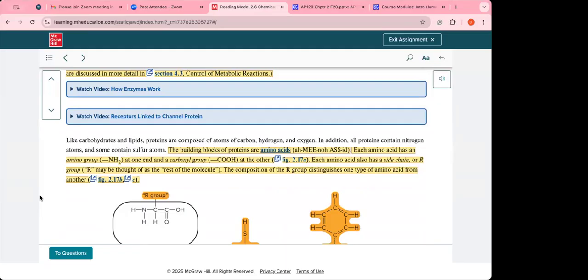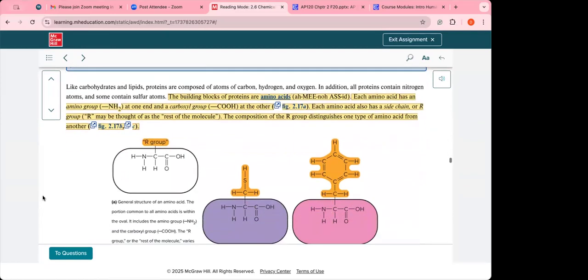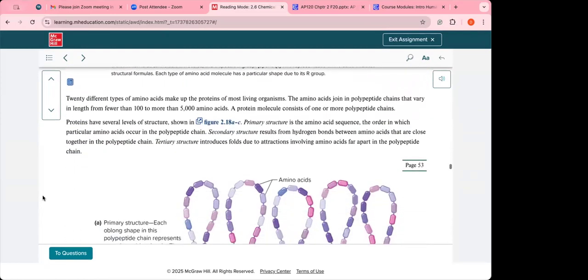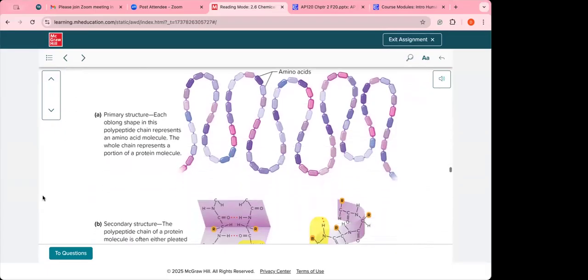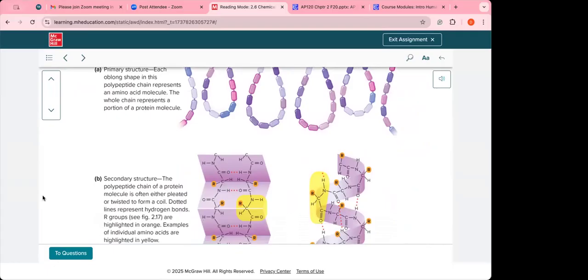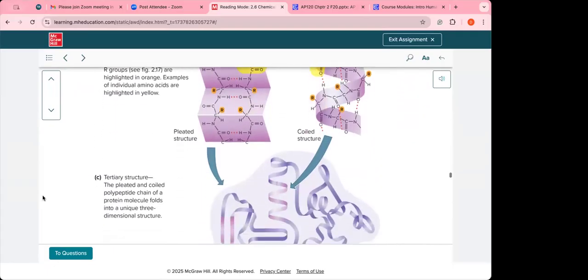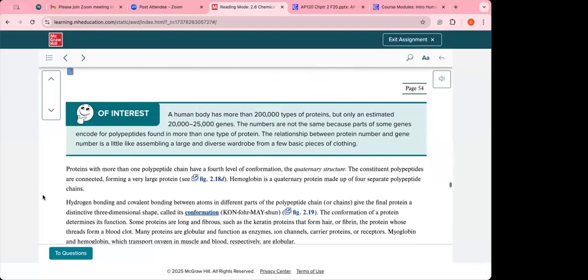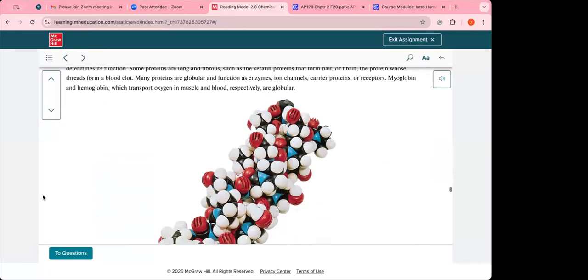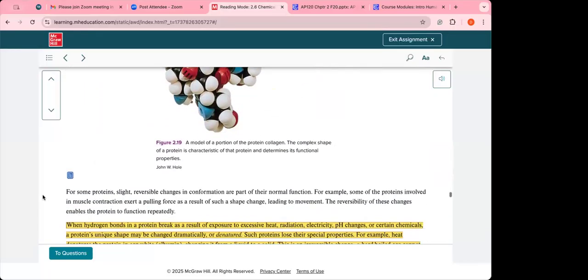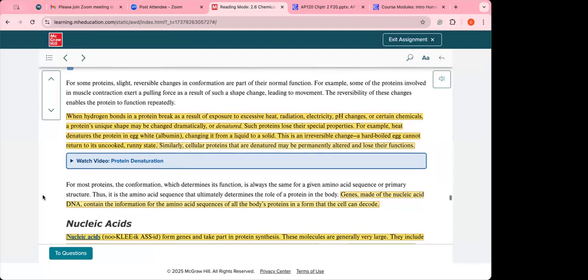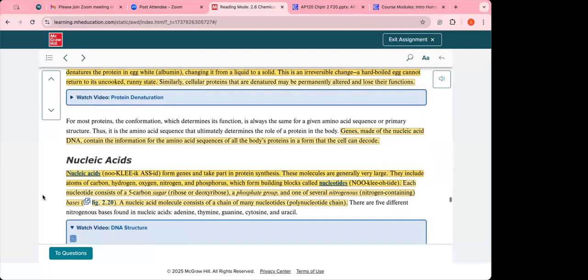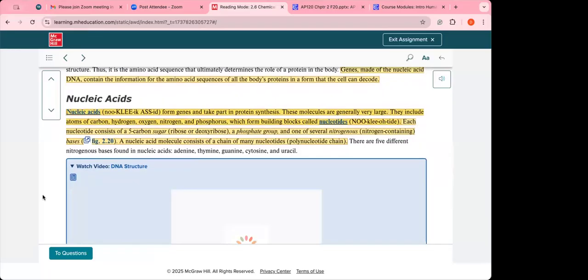Each amino acid has an amino group, etc. But that's still not about blood. Let's scroll down. This is talking about the different types of amino acids there are, and tertiary structures. This is a protein. This is denatured. This is nucleic acids.